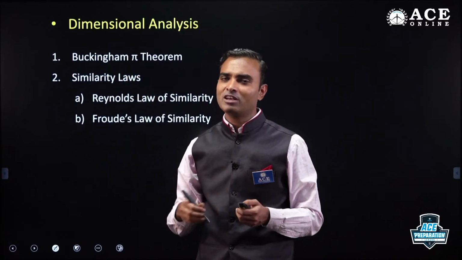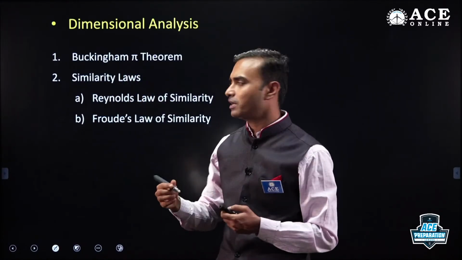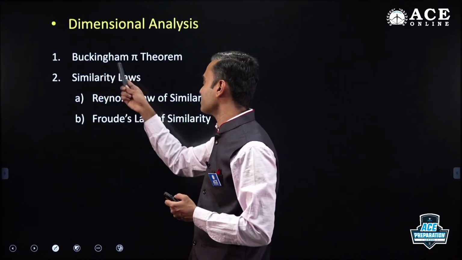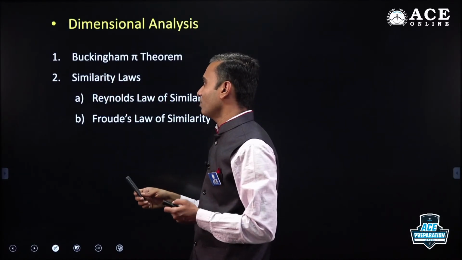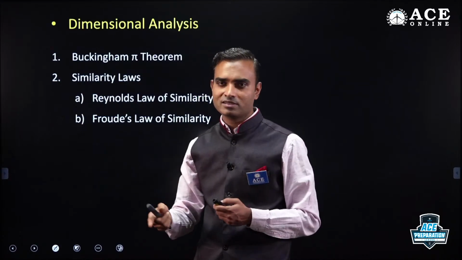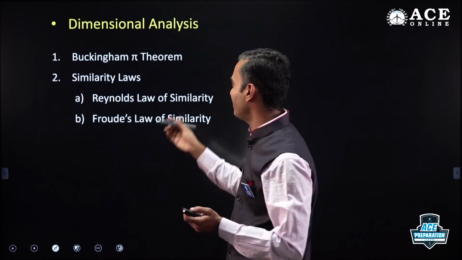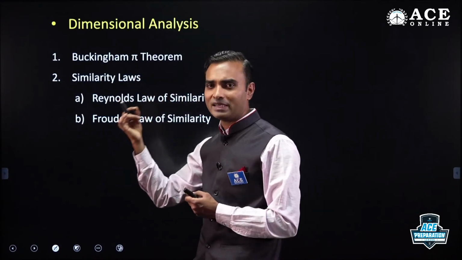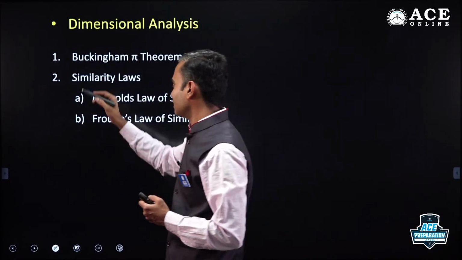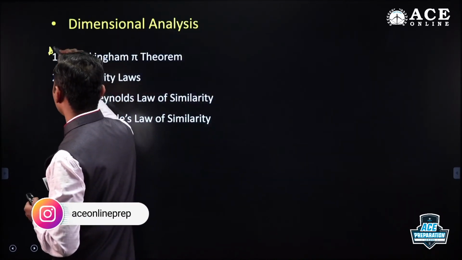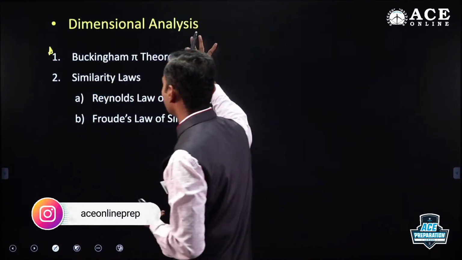So usually in objective exams like GATE and ESE prelims, questions are not directly expected from Buckingham pi theorem, but it's not that they will never be asked. They can ask, such as to find one of the pi terms, but the probability of getting an objective question on Buckingham pi theorem is less.